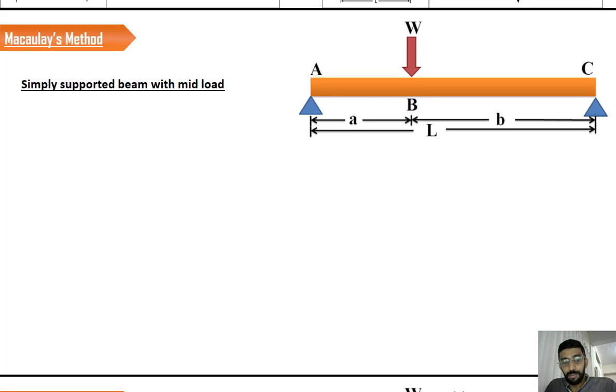Okay. So, Macaulay's method. Before we start, I want to introduce this topic. This is a particular method that uses some strange way of solving at some particular locations, and you have to understand how this derivation works. It works exactly like the double integration method.